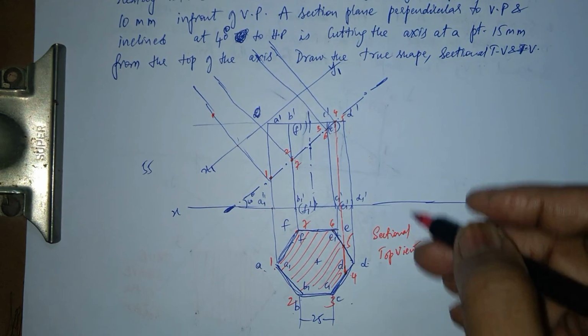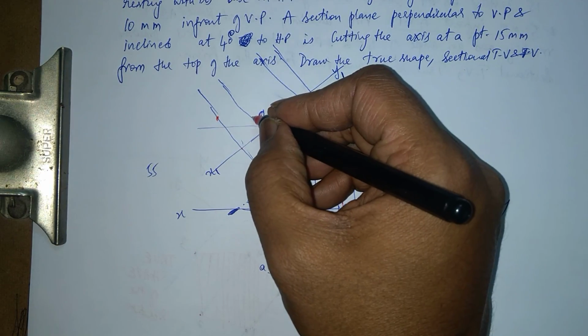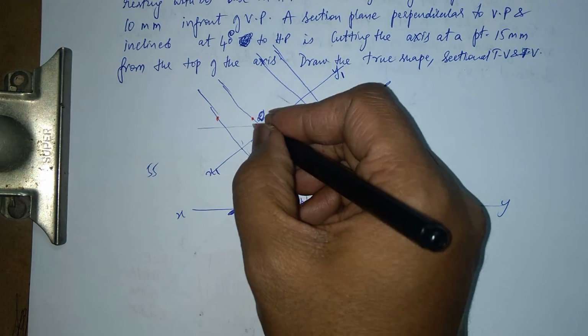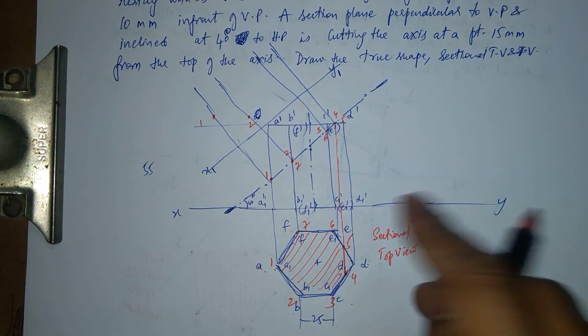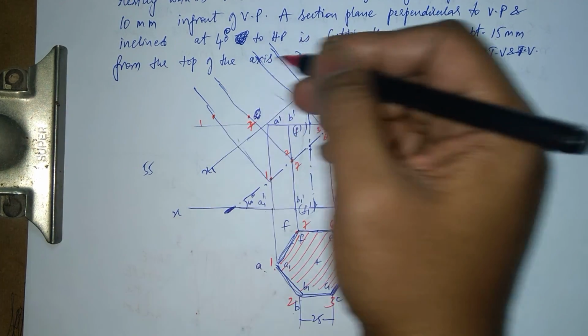Similarly, xy to 2, this is what it is. Xy to 7. Since from xy to 7 is the nearest point, this is the 7, this is the second point.